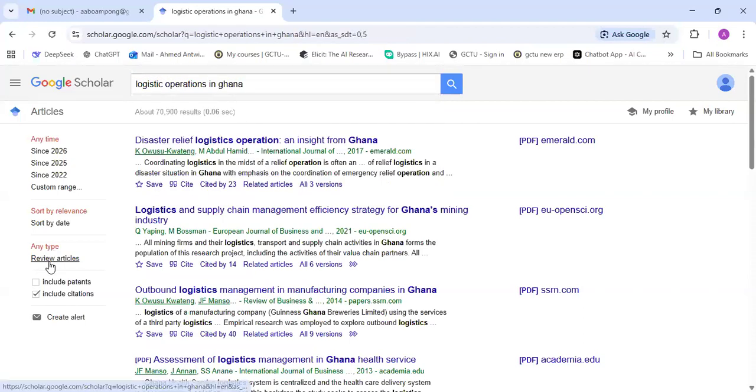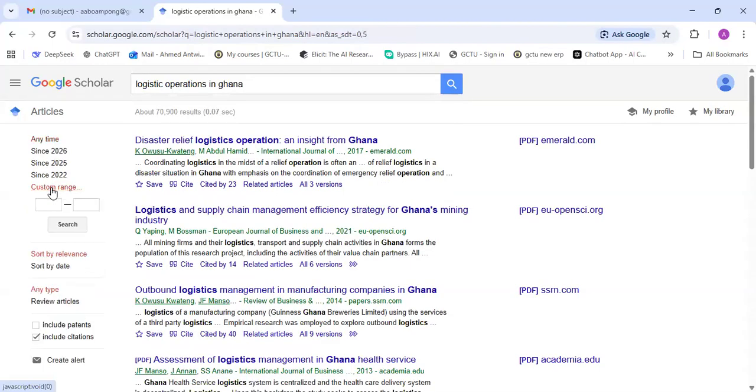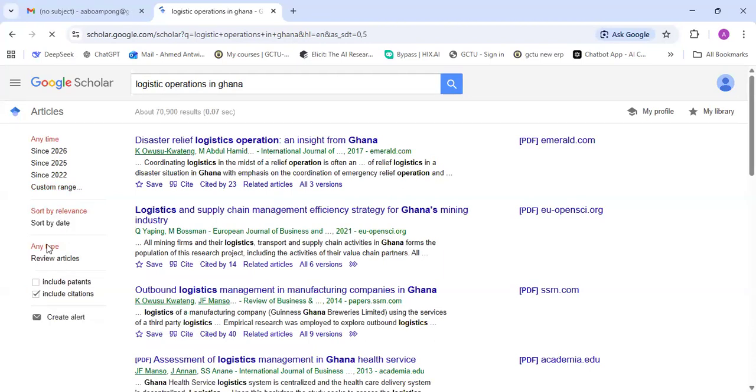Include citations, or custom range the time you want the papers to show in. You can choose from 1980 to 2006. It will sort by date and the type of article you want. If it's a review article, you indicate that, and it will show.